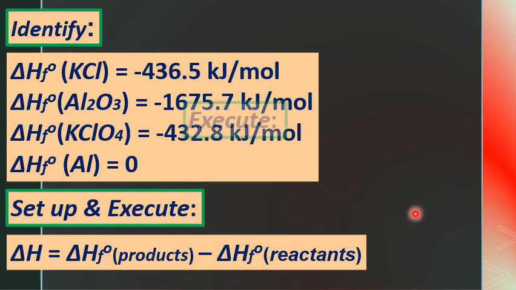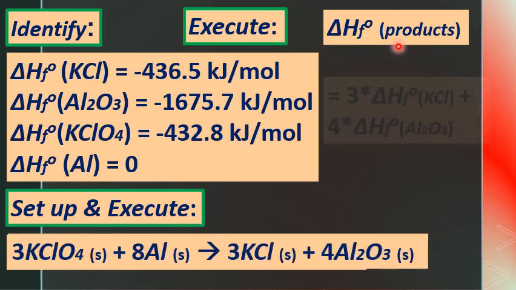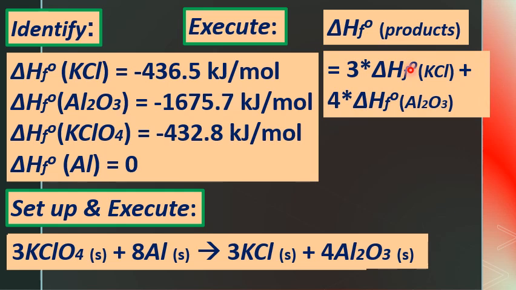So starting with the standard delta HF of the products, we have the formula. We multiply 3 moles by the standard delta HF of potassium chloride, because there are 3 moles of potassium chloride in this equation.